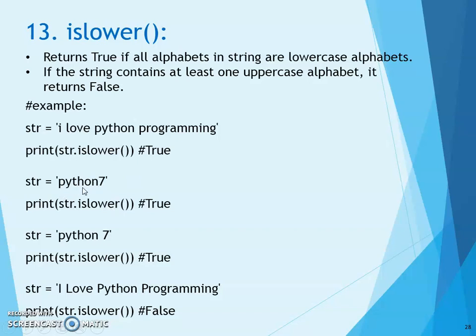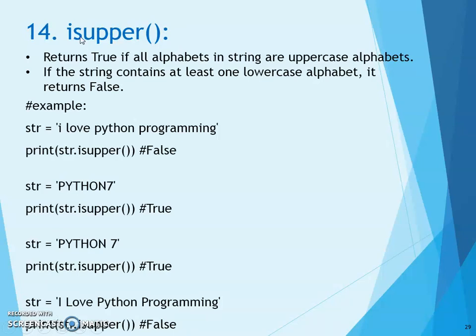Here it is a combination of characters and numbers, but all the characters are lowercase alphabets, so it will return true. This one has a space, but the characters are lowercase, so it will return true. In this one, some of the characters are in uppercase, so it will return false.